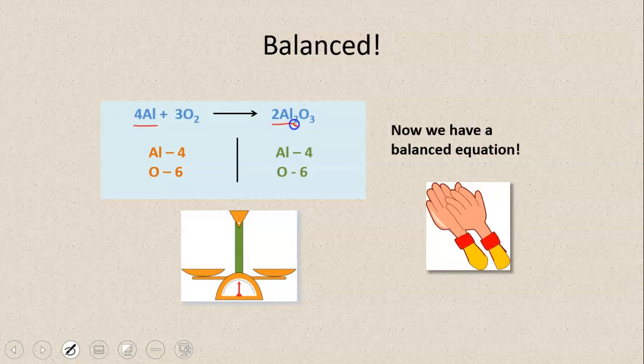We have 2 Al2s on this side, which gives us 4 aluminums over here. We have 3 O2s here, and we have 2 O3s here. It gives us 6 and 6. Everything is now balanced. All right, ladies and gentlemen, we're going to do some more practice with this tomorrow.